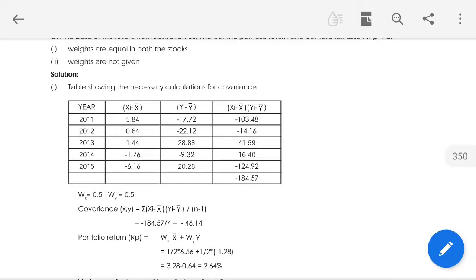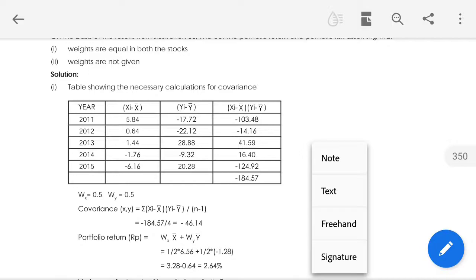Likewise, we have to calculate for Xi minus mean of X. Then we need to multiply the Xi minus mean of X value into the Yi minus mean of Y value. So the net total value of Xi minus mean of X into Yi minus mean of Y is minus 184.57, that is this one.